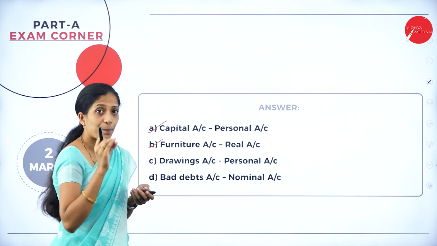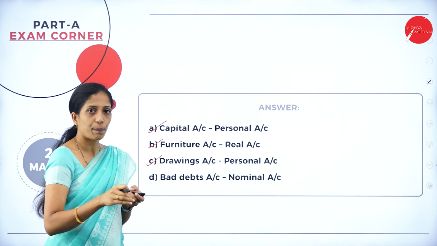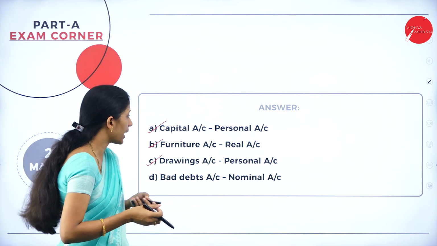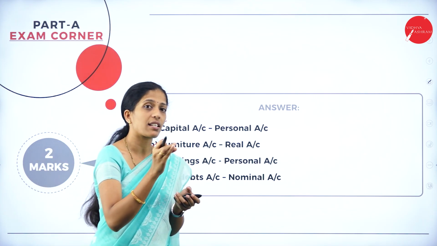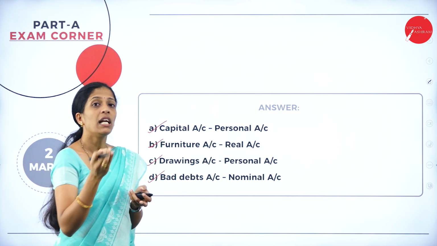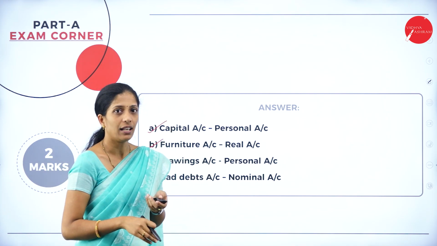Furniture account is a property, so it is a real account. Drawings is also related to a person, where the owner withdraws the amount, so it is a personal account. Next, bad debts is a nominal account because it is related to income as well as expenses.